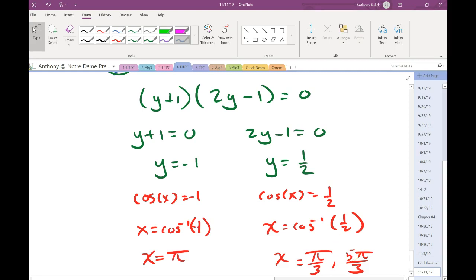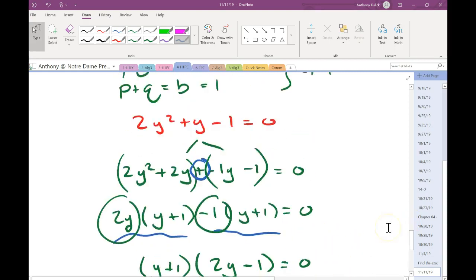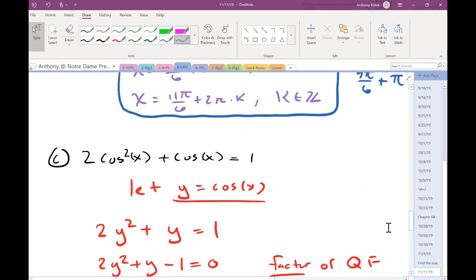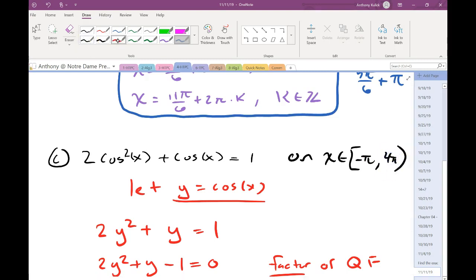Did I specify a range of values that we wanted this on? Oh, we need to do that then. Let's get crazy here. Let's say we're going to go from negative pi to pi over 4.